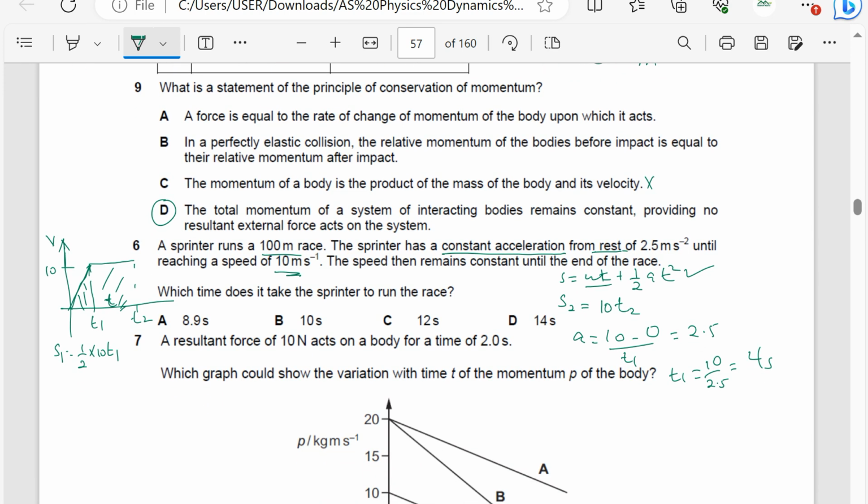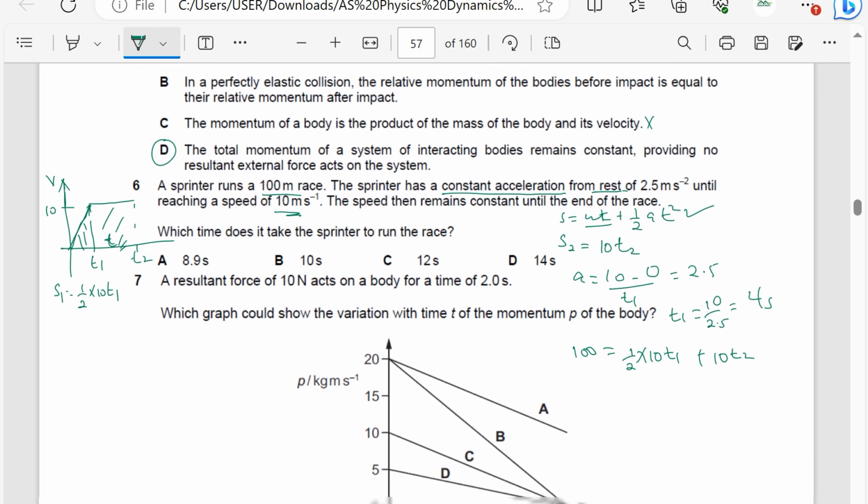Okay. So I'm only remaining with the time t2. So total distance, remember, s is 100, which is going to be the distance for the first part, which is a half times 10 t1, plus the distance of the second part, which is 10 t2. So of course t1 is now known as 4 seconds since the acceleration was known.